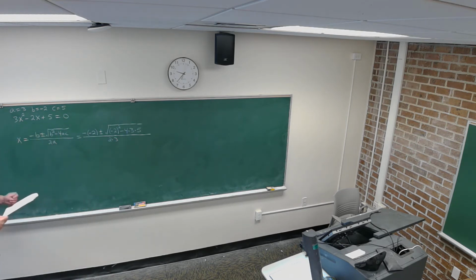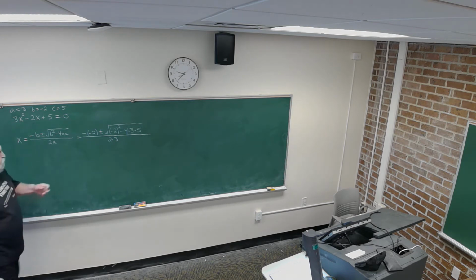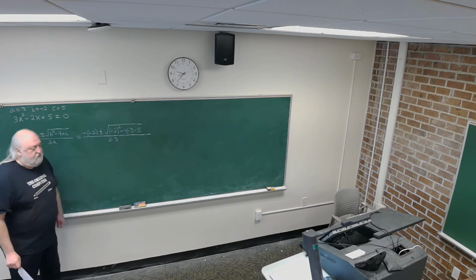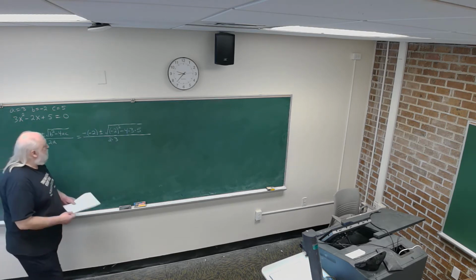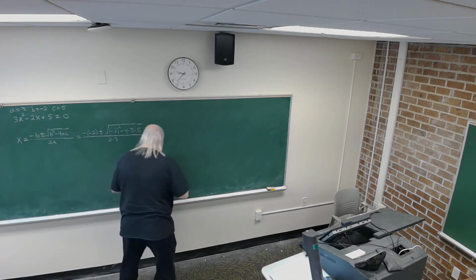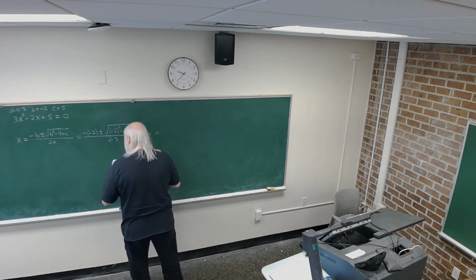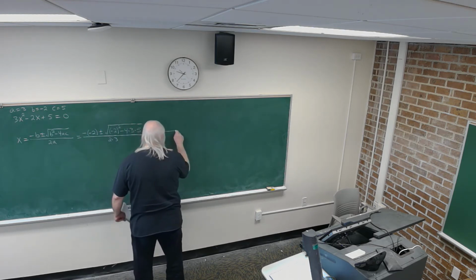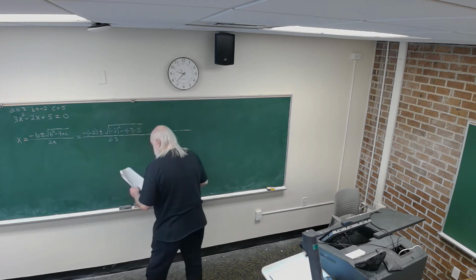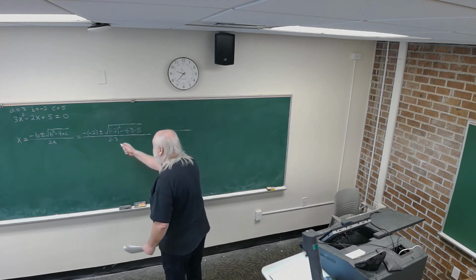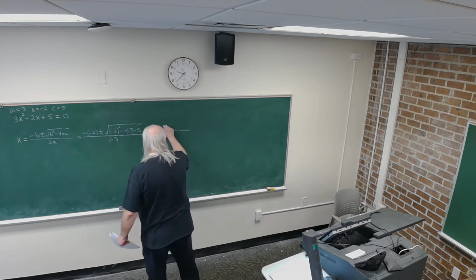Okay. And now it's arithmetic. So you've got to use the order of operations and simplify what's under the square root. So negative negative 2 is plus 2.